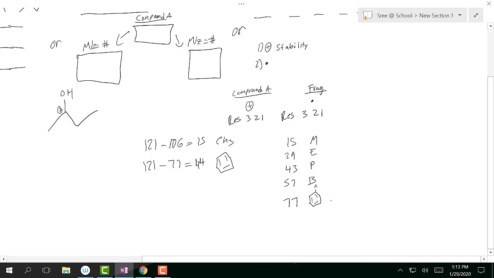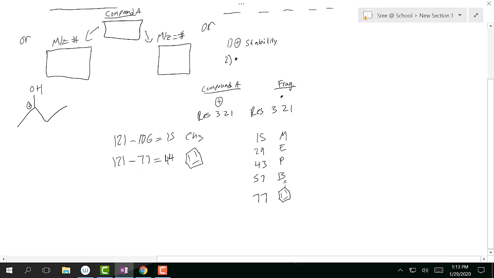So in our problem, M plus was 121, and we had to cut out a methyl for one, so 106, and 77. So we're cutting out a methyl for one, and a whole benzene ring for the other.